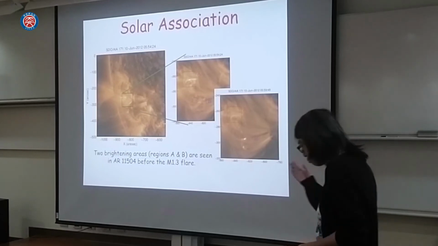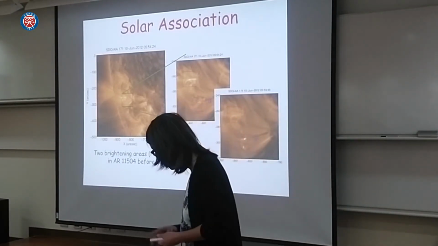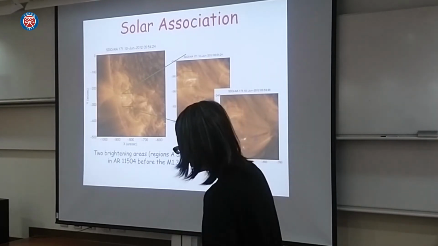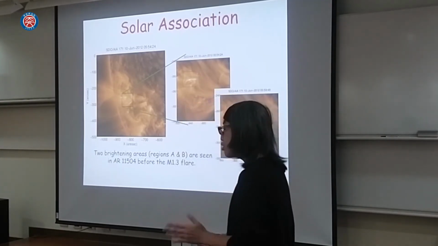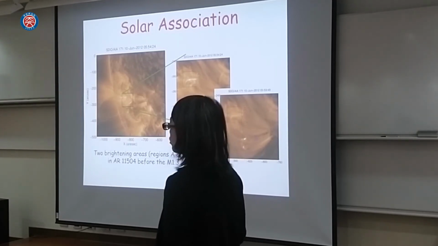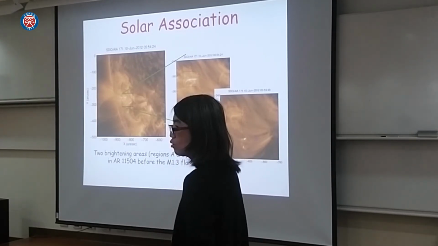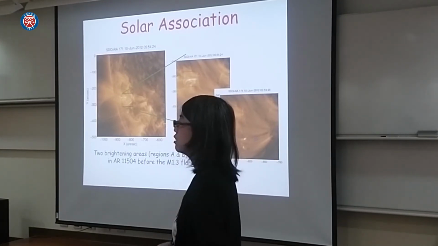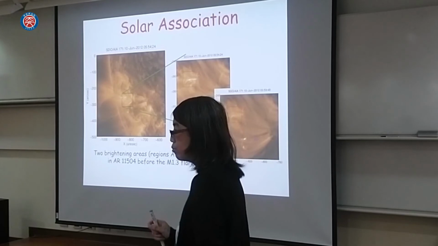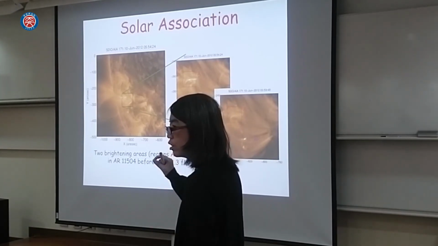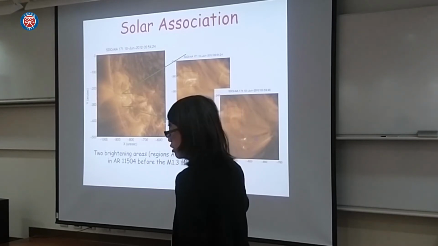And we also look at the solar observation. We go to see the AIA image, and we do find localized regions with UV brightening. Because I just said it is common to see type 3 radio burst with magnetic reconnection.